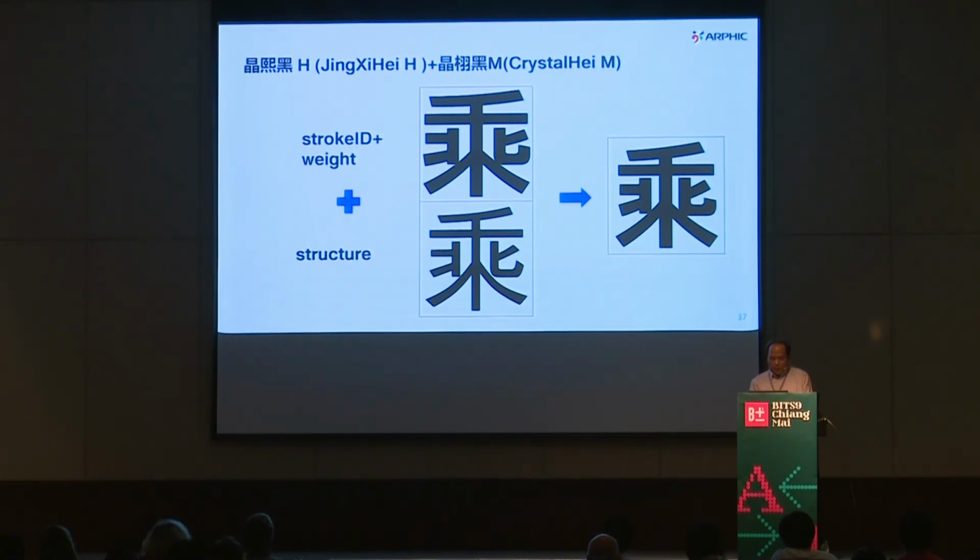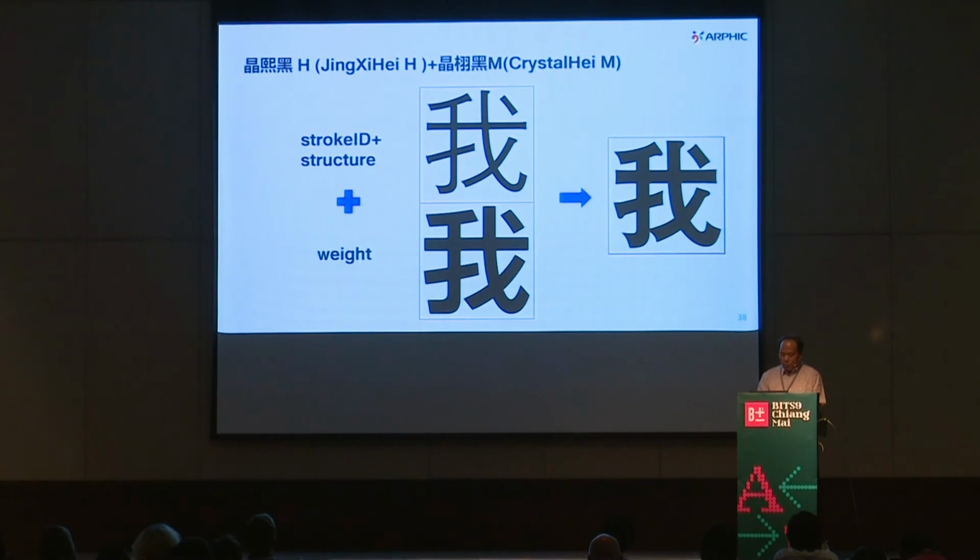For example, the above is the UD Jingxi, which has a large counter and letter size. Automation uses the strokes and the weights of the upper character and uses the lower character structure to generate a new style Jingxi with a smaller counter and a smaller letter size.